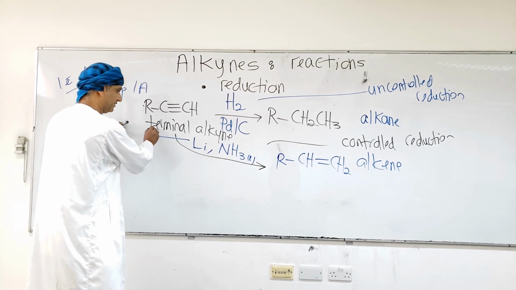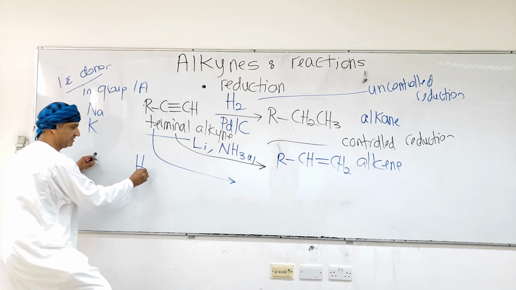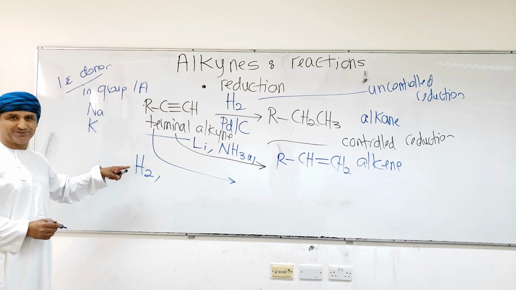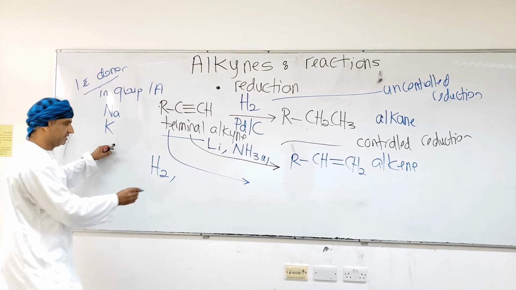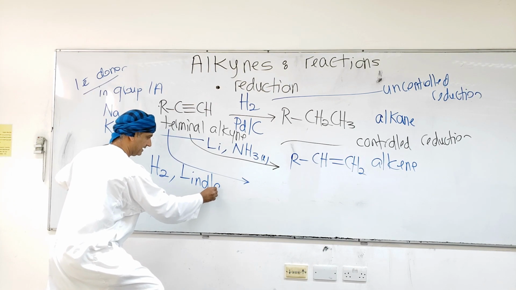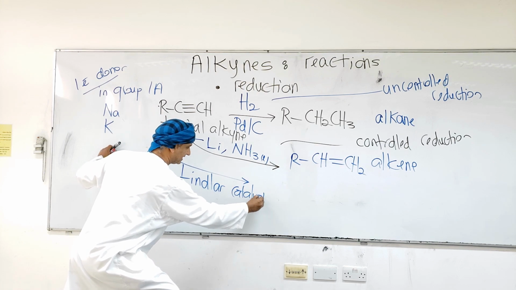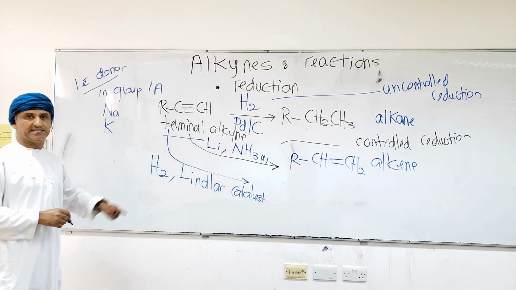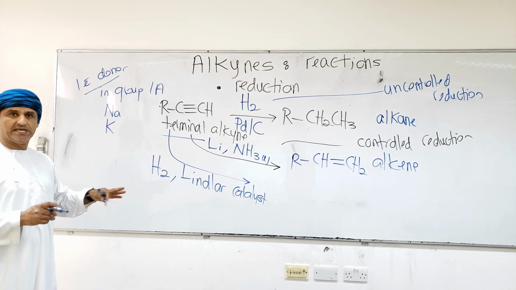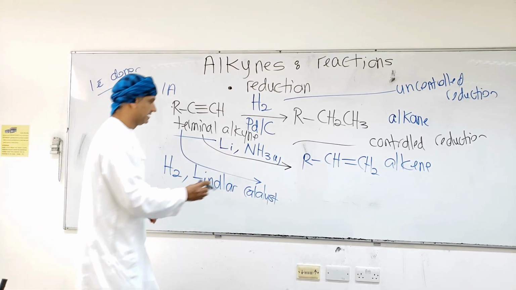Another method to do this is to use hydrogenation, the use of hydrogen, but now not using palladium on carbon, but rather using what's called Lindlar catalyst. If Lindlar catalyst is used instead of Pd/C, then the hydrogenation reaction is controlled. The reaction stops at the alkene stage.